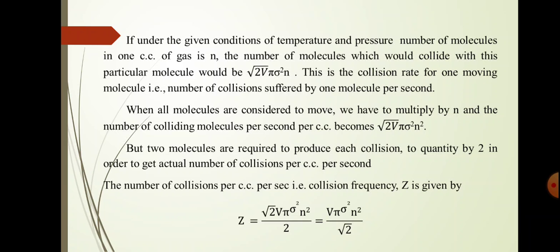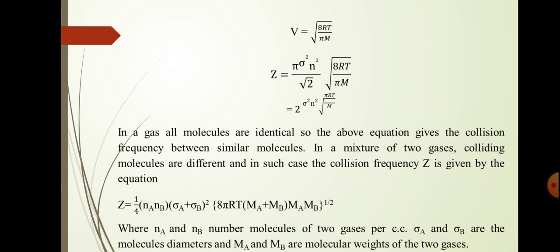So that will be declared as Z is equal to v pi sigma square n square upon root 2. Now v is given as the square root of 8RT upon pi m. We have already derived this in the second lecture, where we discussed the values of v. So v is given here as the square root of 8RT upon pi m.